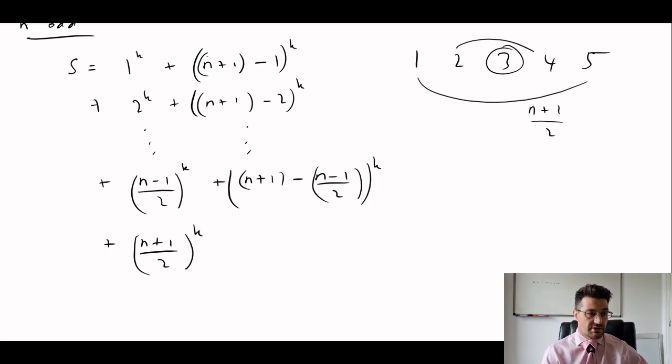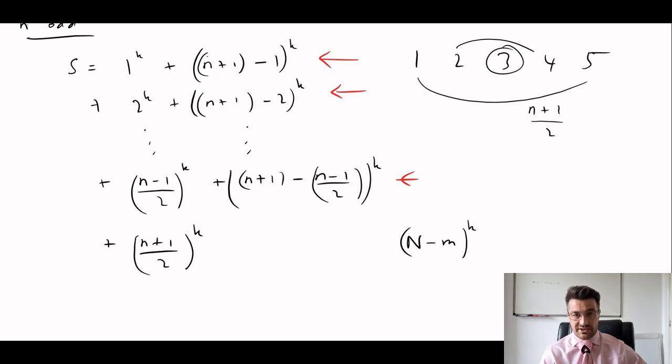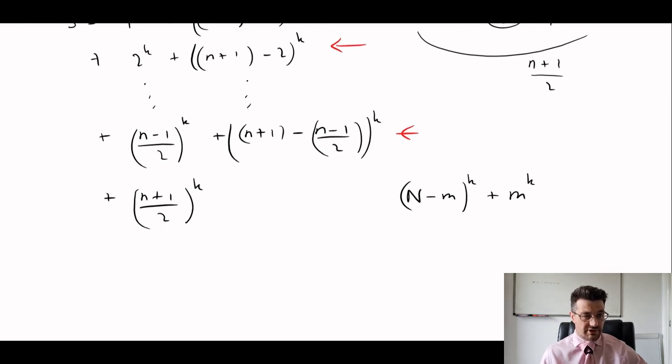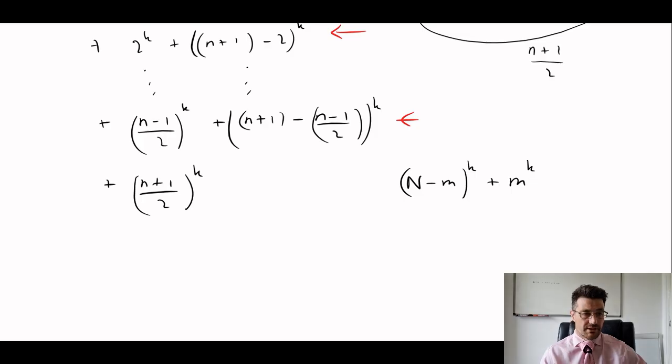Bingo. Each of these, again, is of the form n minus m to the power of k. Make sure that you write all this stuff down in a clear way in your exam. I'm not going to bother writing everything out here how I would in an exam, because it would take too much time, and it would be a little bit pedantic, because I'm explaining to you in words.